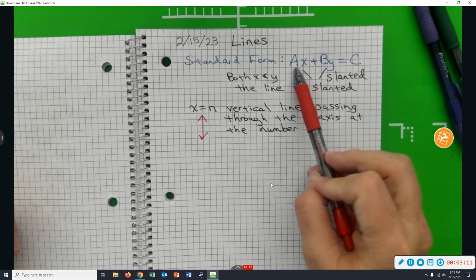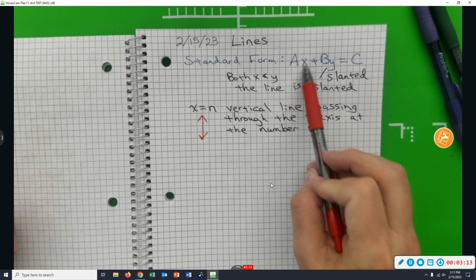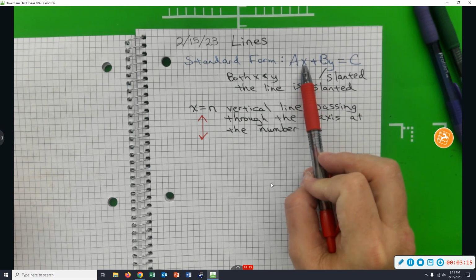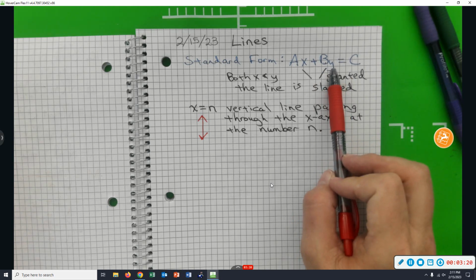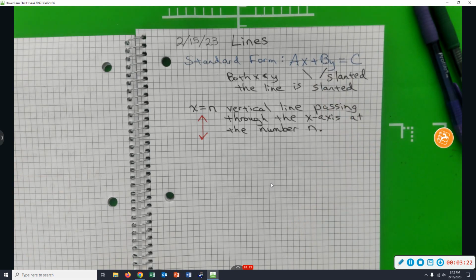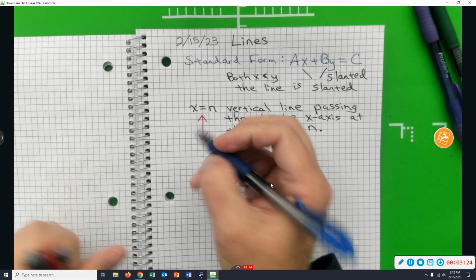Suppose the A value were 0. 0 times x, you don't have an x value. So if your equation has just the letter y and no x, the equation can be written in the form y equals a number.